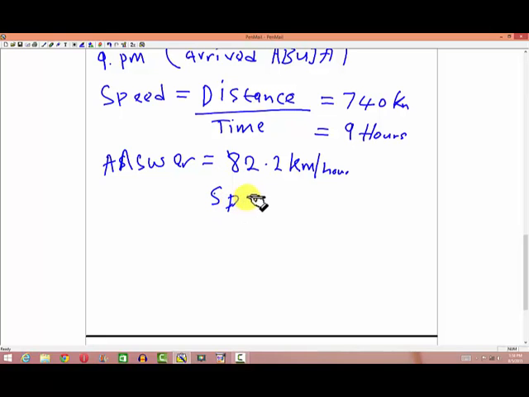So that's it. Using physics, you have been able to solve this question. The speed the person was traveling is 82.2 kilometers per hour. Even if he wasn't there, understanding the laws of physics, you have been able to calculate the speed he was moving.